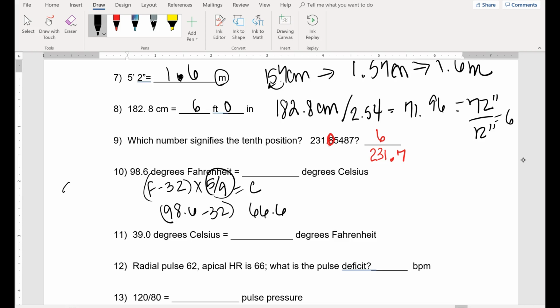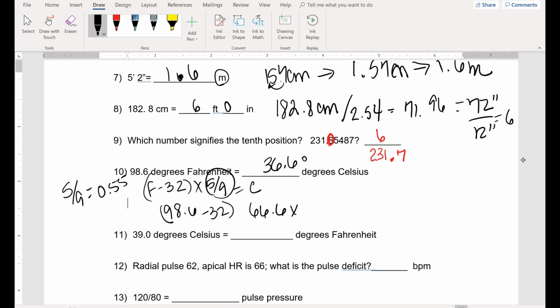5 over 9, I know, because I've done this enough times, is 0.55. If you want to divide it out, you just simply divide 5 by 9 and you'll get proof that it's 0.55. Okay. So I'm going to multiply 66.6 times 0.55, and I'm going to get 36.6 degrees centigrade.